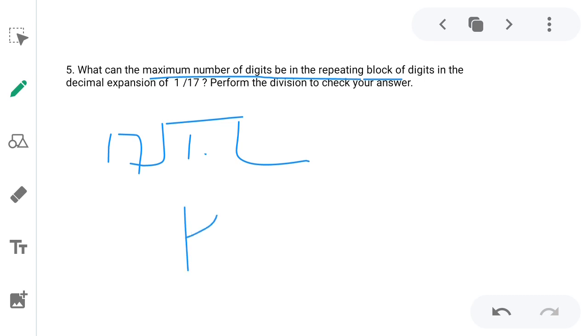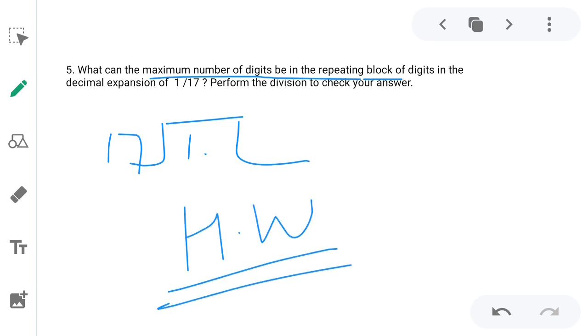This question is for you to solve. So divide it without hesitating, let it go as long as it goes, and just note down the number. You will observe that there is a repeating block occurring in that. Note that repeating block and comment in the comment box. Then we will talk about it in our next video.